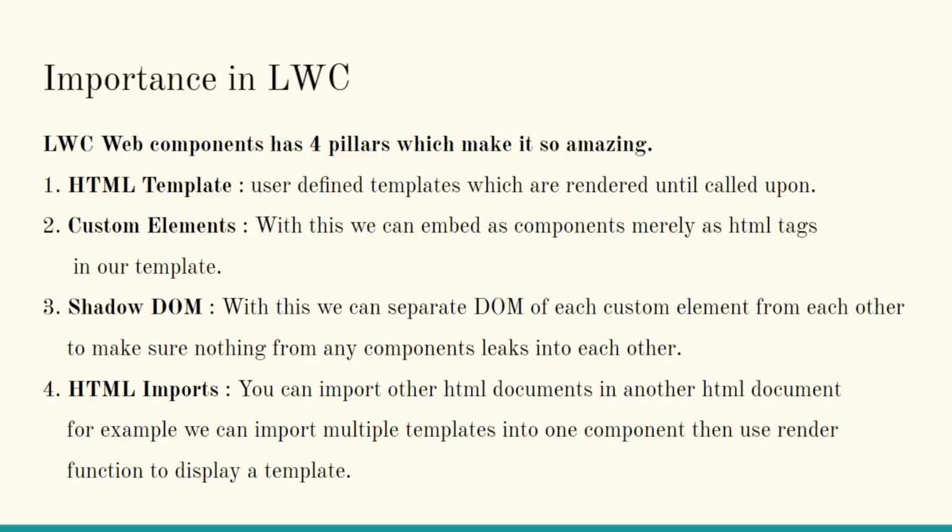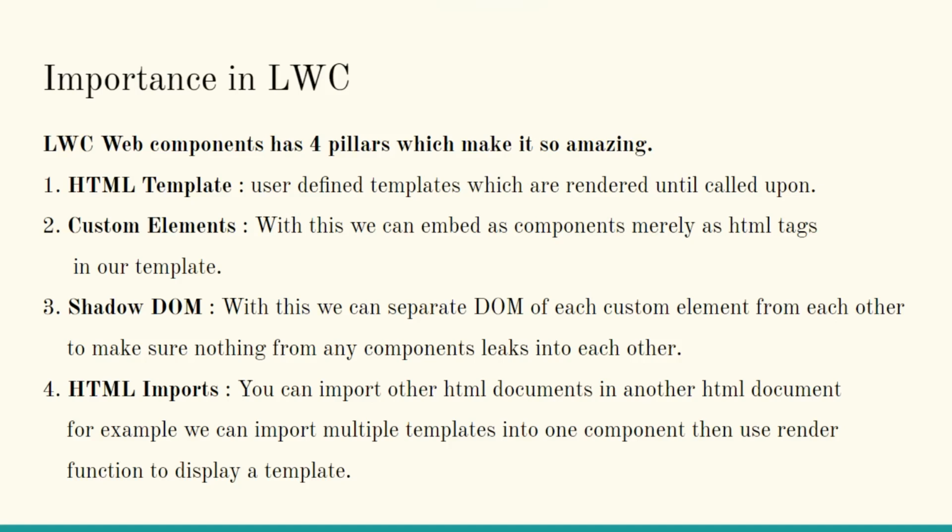And what is the importance of Shadow DOM in the concept of LWC? First of all, there are four main pillars: HTML template, custom elements, Shadow DOM, and HTML imports. HTML template you already know: when we create any LWC component, three main files get generated, the HTML file, JavaScript file, and XML metadata file.